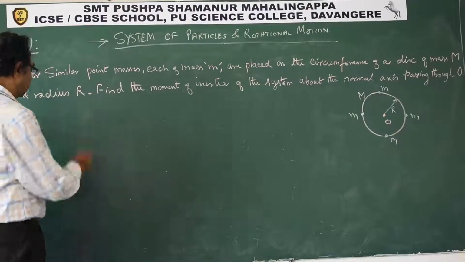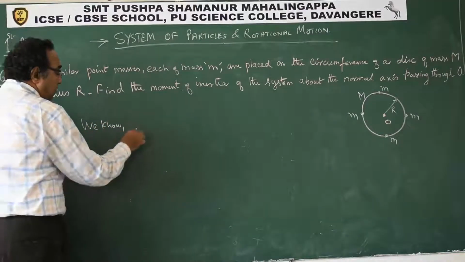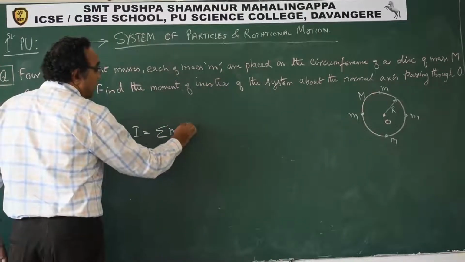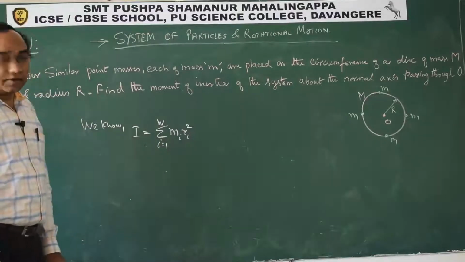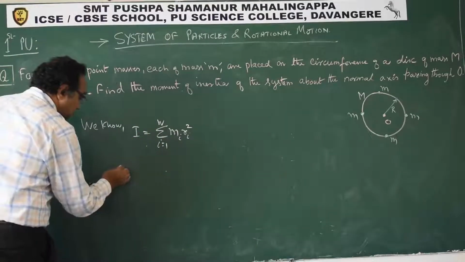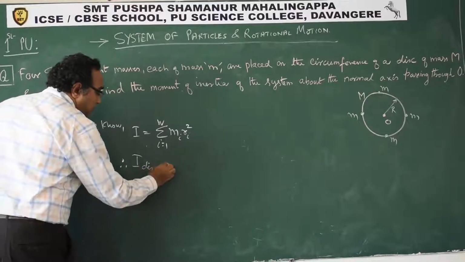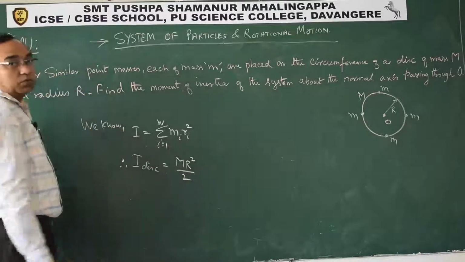We know moment of inertia is sigma of mi ri square, with i from 1 to n, right? So therefore I of disk is equal to m r square by 2.